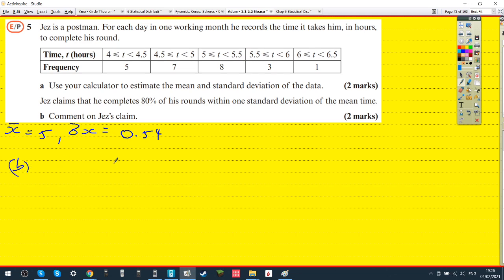Yeah. So do we need to work out what the standard deviation is for the data? Mean is 5, standard deviation 0.54. So I did part A.